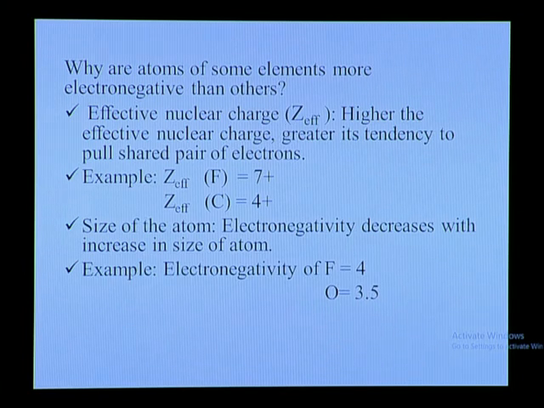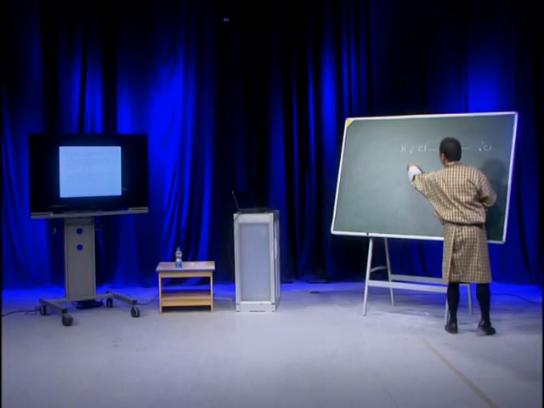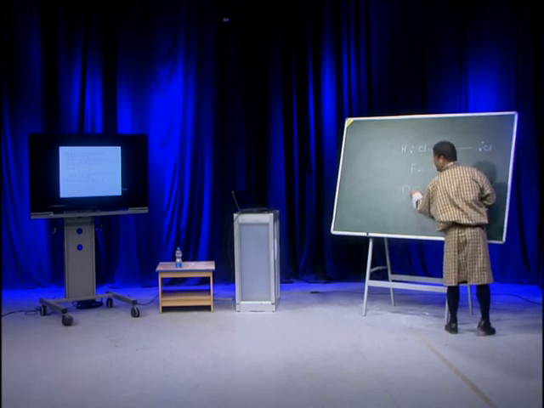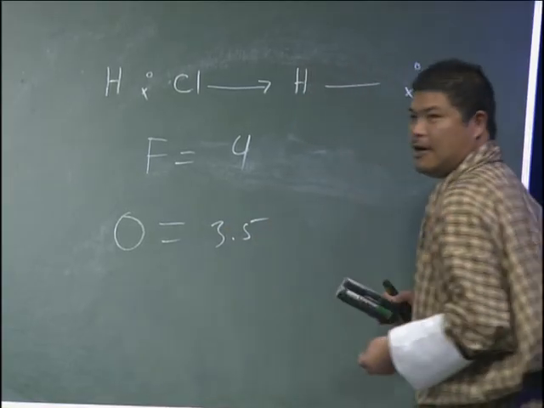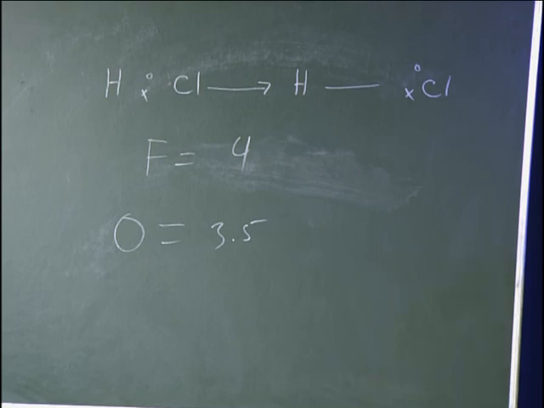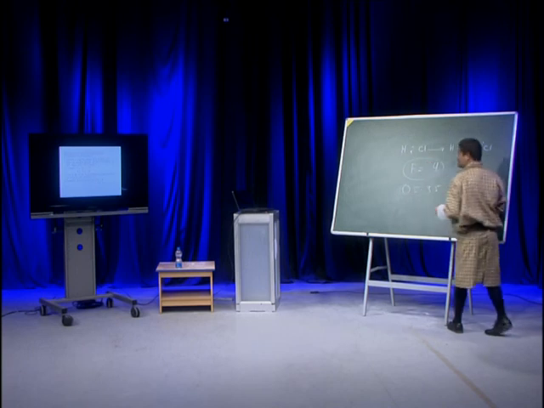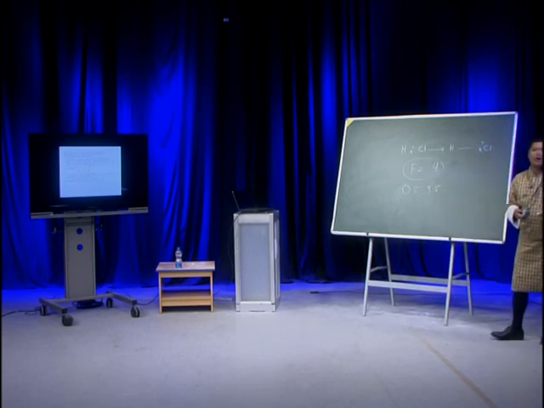I have taken the example for fluorine and oxygen. So fluorine, the value assigned to fluorine is 4 and for oxygen the value assigned is 3.5, value of electronegativity. Why fluorine has higher value of electronegativity? This is because fluorine is smaller in size.